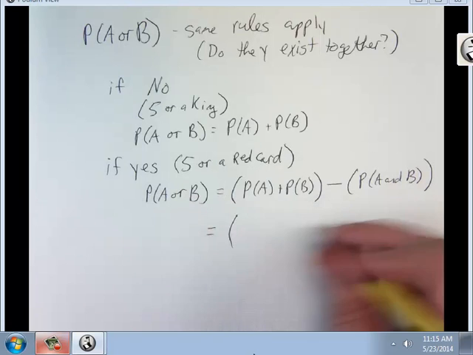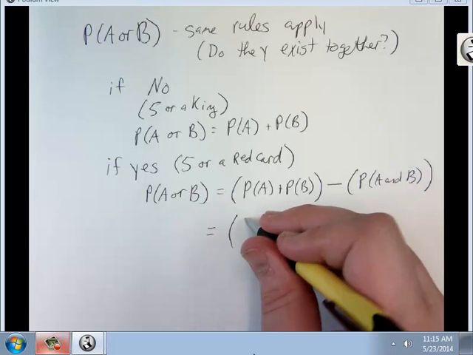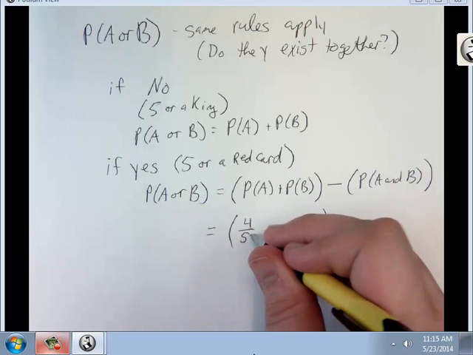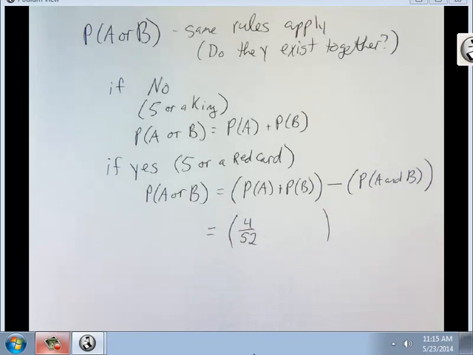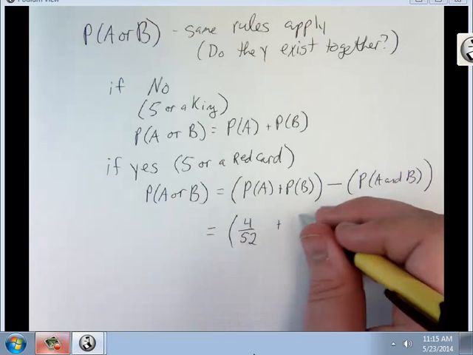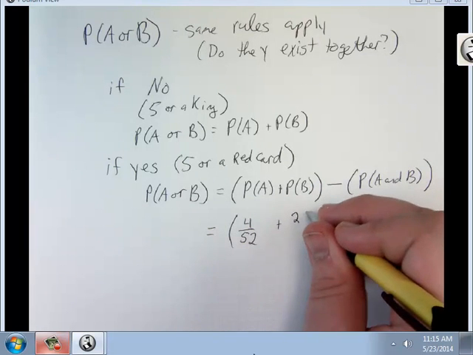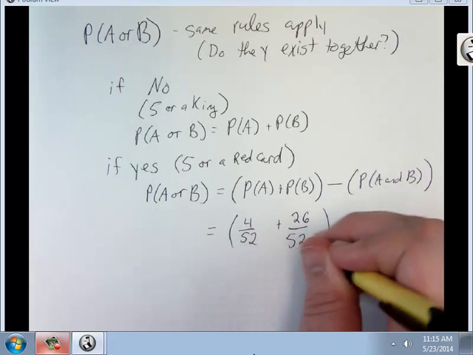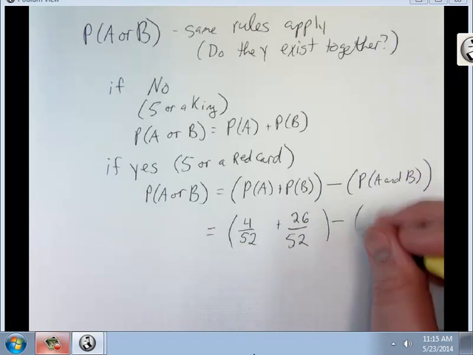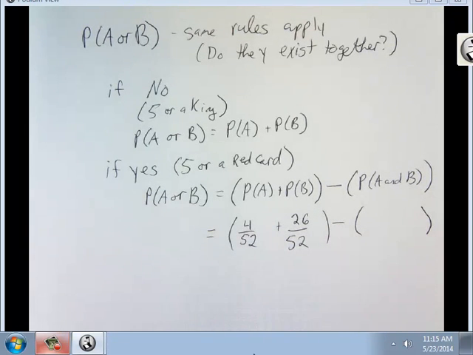Probability of getting a 5 is 4 out of 52. There are 4 5s in the deck of cards. The probability of getting a red card is 26 out of 52, half the deck. Now, how many times do both a red card and a 5 card exist together? Well, that would be 2 out of 52.